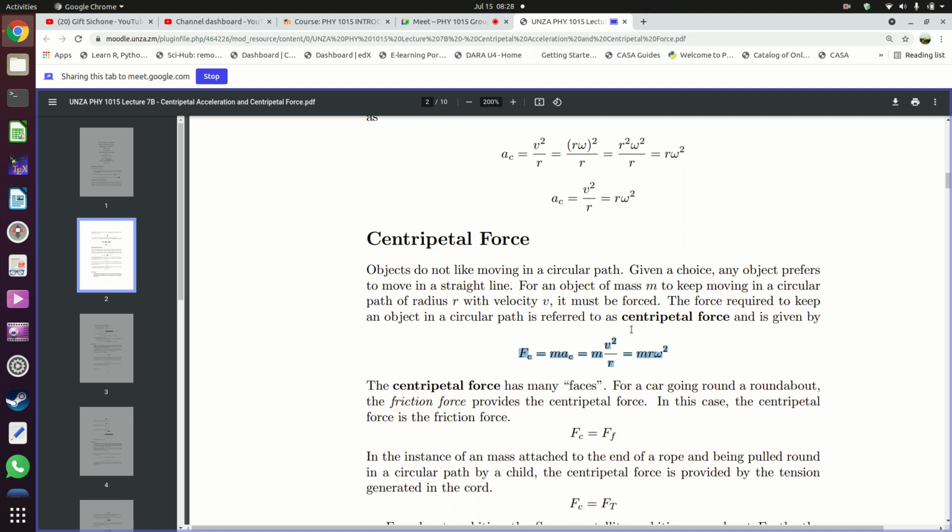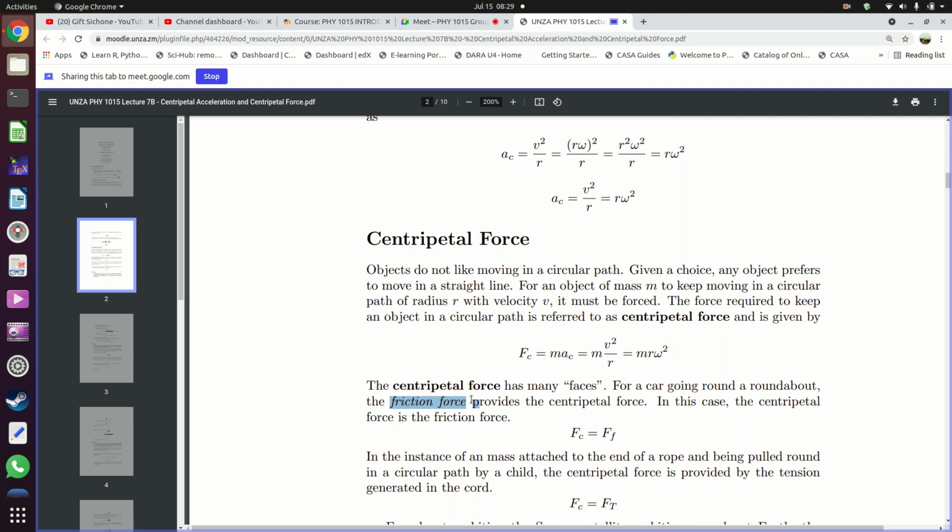The other thing I want to bring to your attention is that a force called centripetal force per se doesn't really exist. But this centripetal force is provided by other forces. In other words, centripetal force has got many faces, and it depends on what's going on. For example, if you have a car going round a roundabout, then the centripetal force in that case is the force of friction.